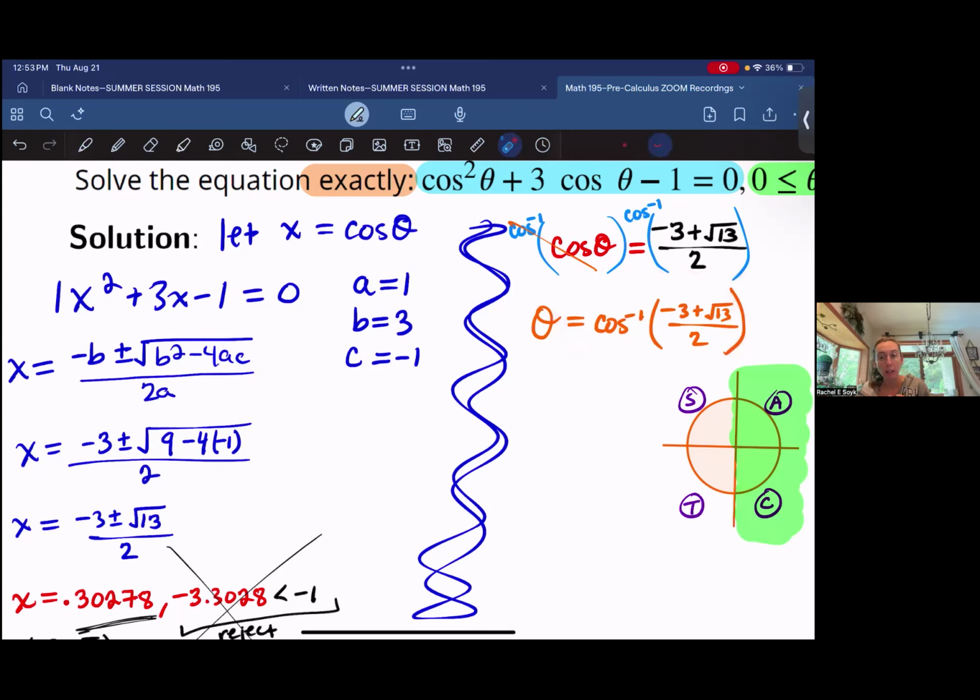When we compute this, I'm actually going to compute it in degrees so we can visualize where our angles lie and then find our reference angle so that we can find that angle in the fourth quadrant. When we compute this in degrees on our calculator, we end up getting about 72.375 degrees, which is about here.